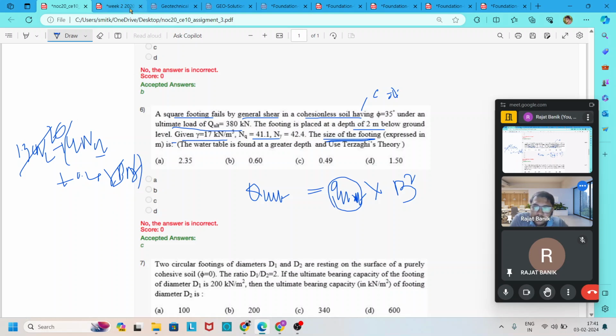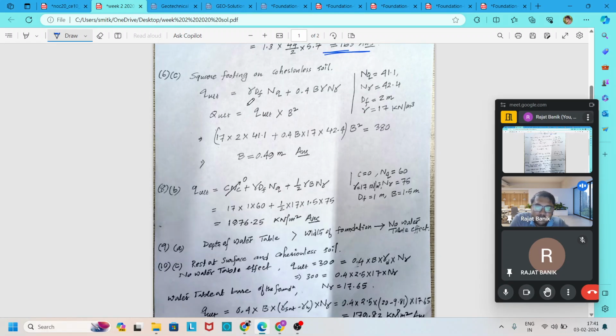I also solved it here, you can see, and the unknown part is B. If you put all these values in this equation and try to solve the cubic equation, because B appears in more than one place, we find that B is equal to 0.49 meter.